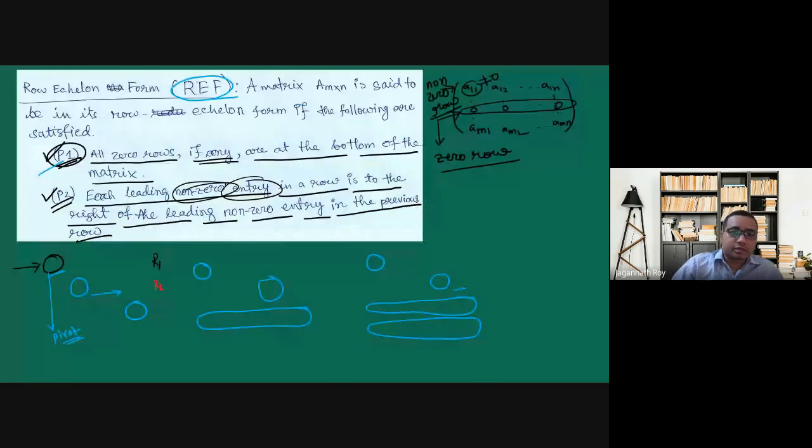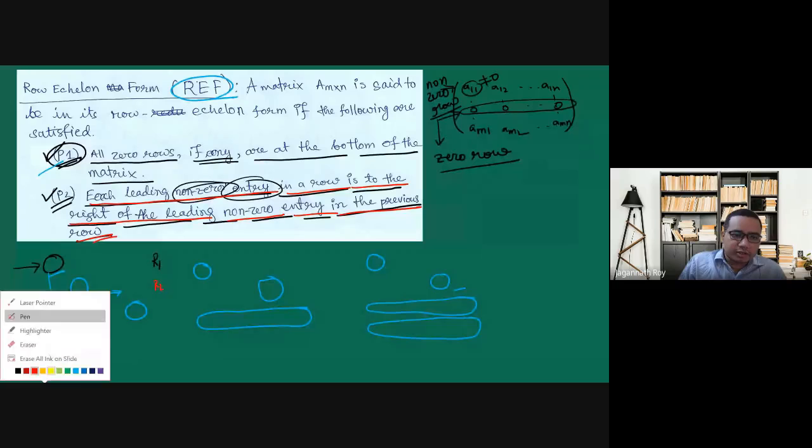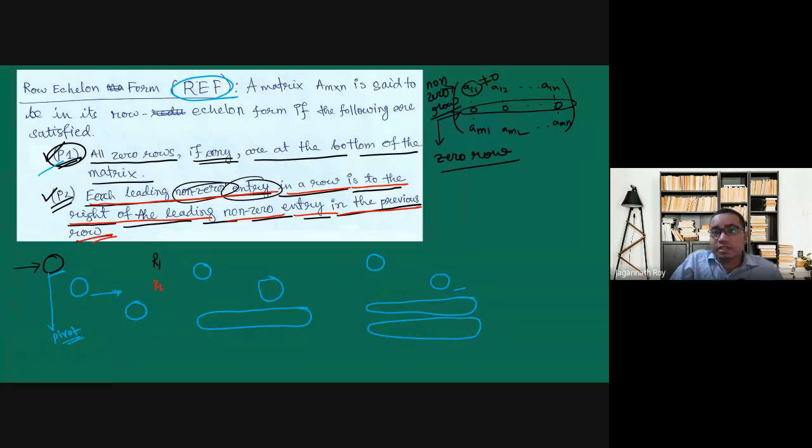Second property says each leading non-zero entry in a row is to the right of the leading non-zero entry in the previous row. So what it means is, if you consider this matrix, look at this matrix.